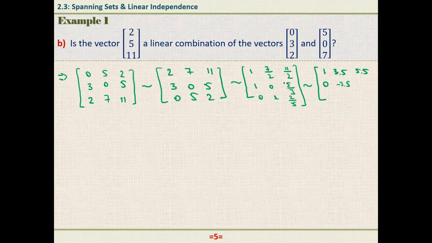We just multiply minus 5.5, so that is minus 5.5 plus 5 over 3. That is equal to minus 23 over 6. And here we have 0, 1, 2 over 5.